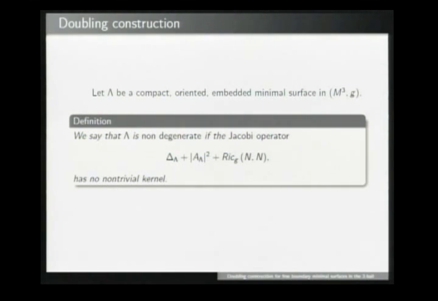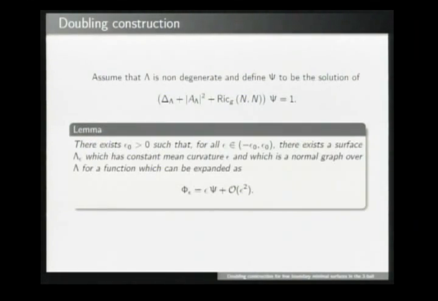In particular, since it is elliptic and we are on a compact surface, having no kernel will imply that it can be inverted.